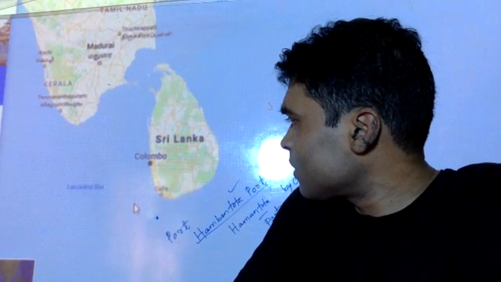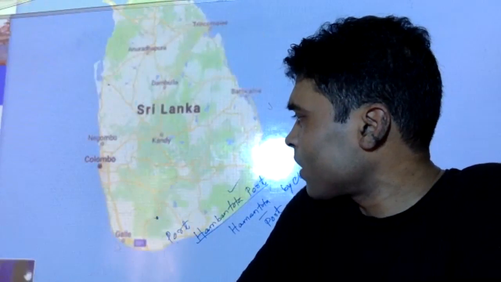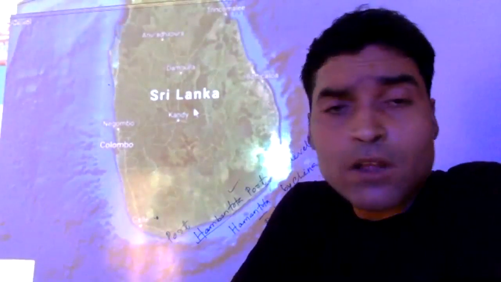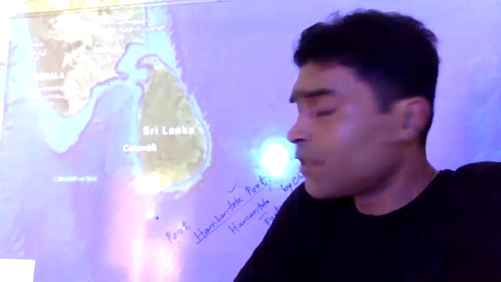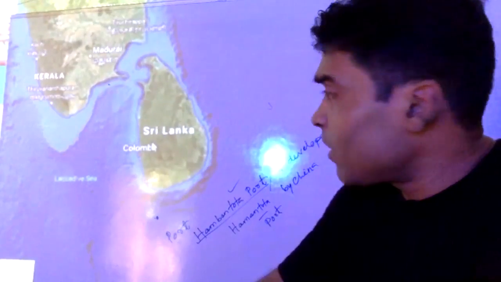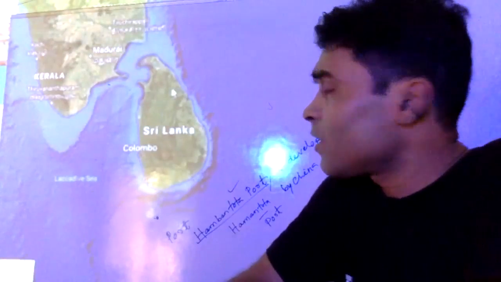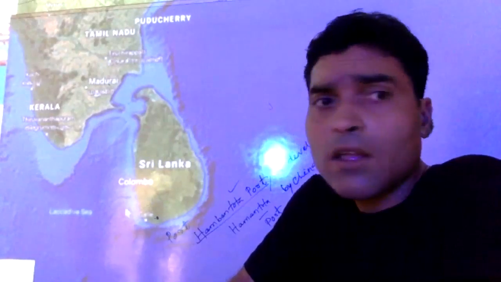We also studied that Mahaweli Ganga is the longest river of Sri Lanka. And the languages we studied are Tamil and Sinhali, and English is also spoken here. These are the things you have to remember.